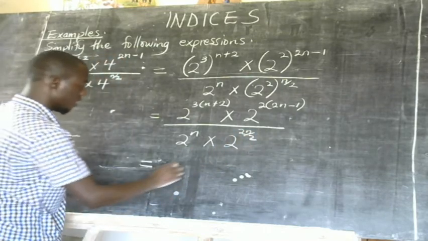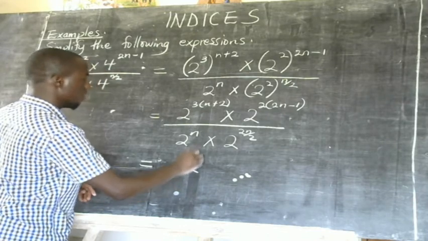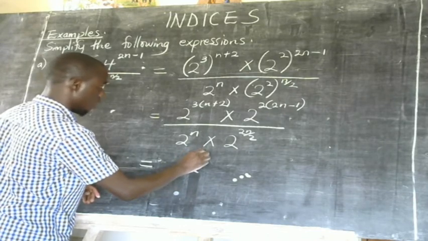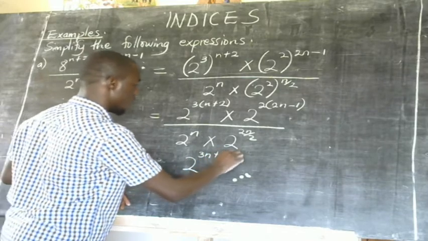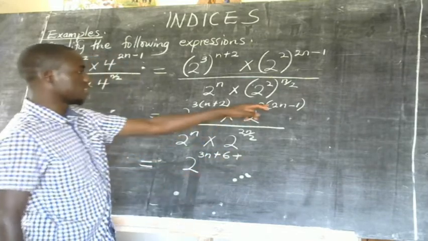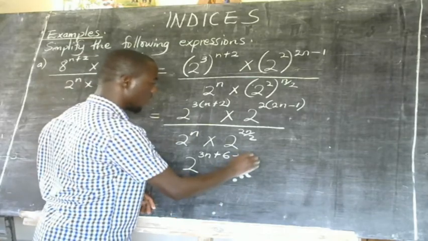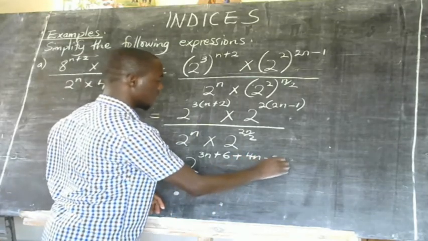In the numerator, I'm having my 2 power 3n plus 6, then plus this one here, that is 4n minus 2.